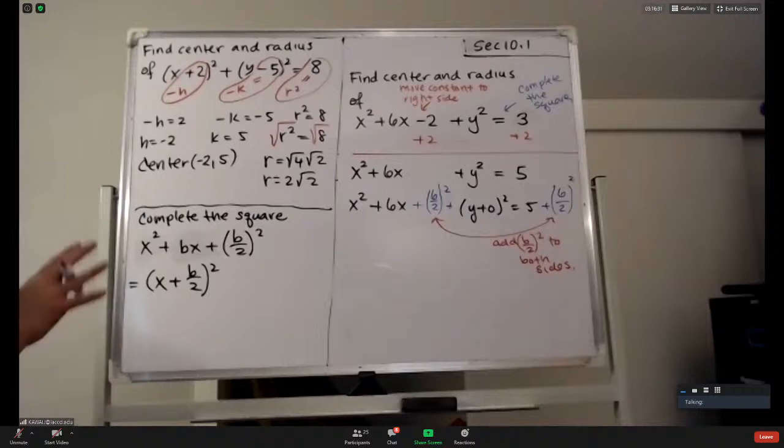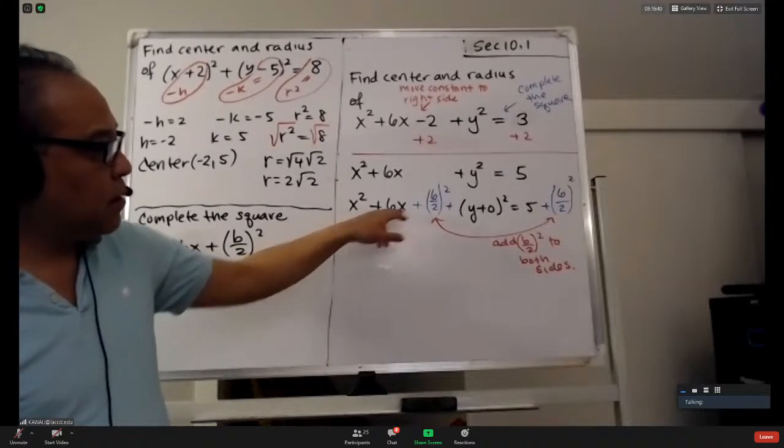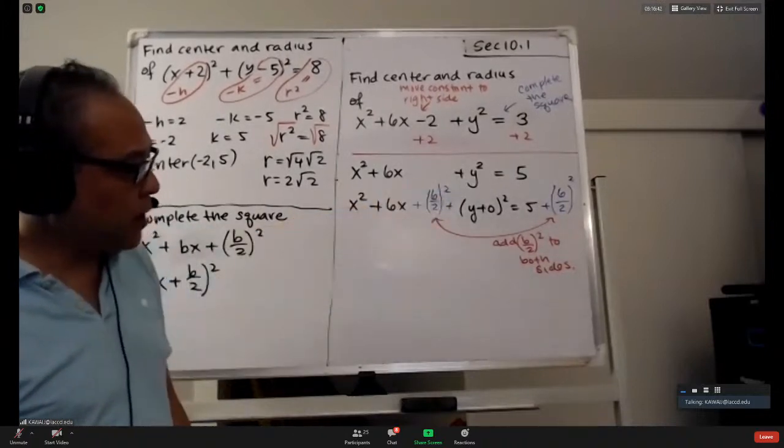Okay, let me give everyone a chance to copy. So whatever this is, divided by 2 and squared, add it to both sides.